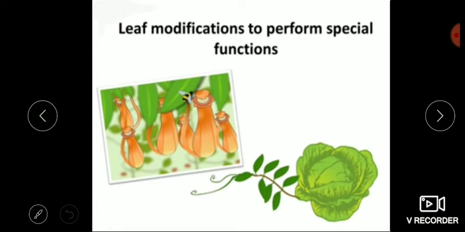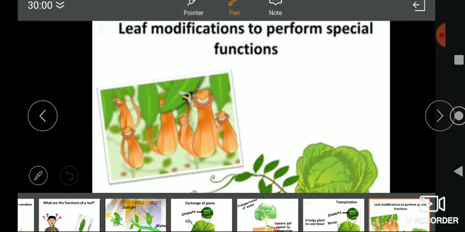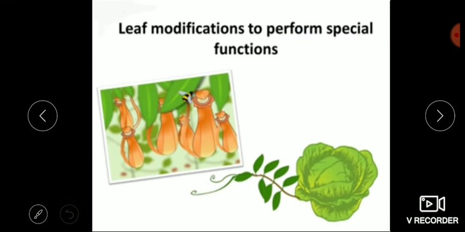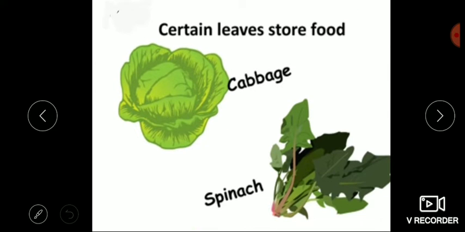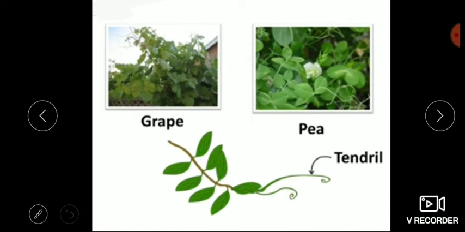The leaves which perform some special functions in addition to their usual function of manufacturing food are called modified leaves. Leaf modification to perform special functions. Certain leaves store food, like cabbage and spinach.